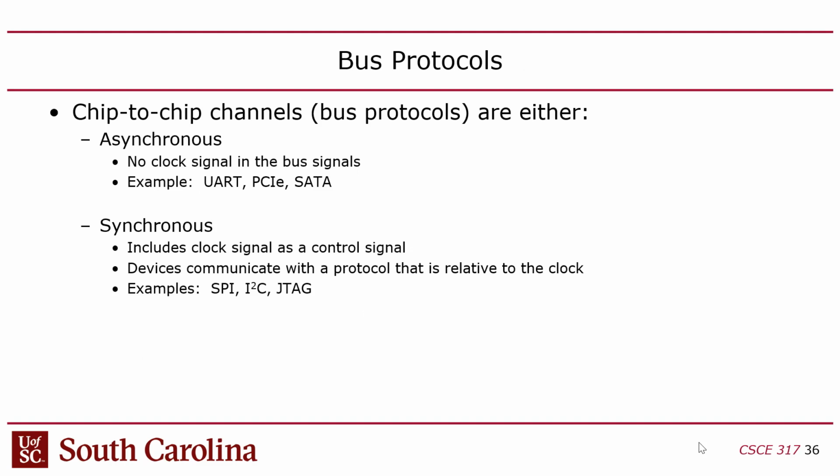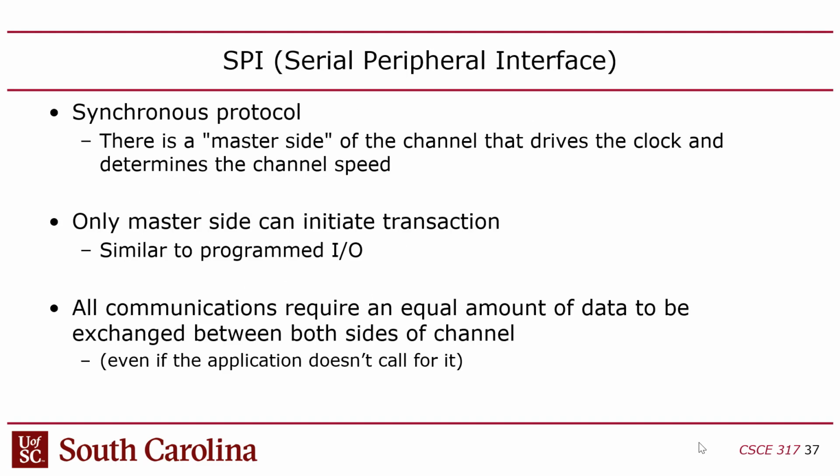Then we got into bus protocols. SPI and I2C are obviously pretty primitive, low-level, slow protocols, but they are still used. I mean, you've got them on your motherboard to this day. There's I2C and SPI channels.